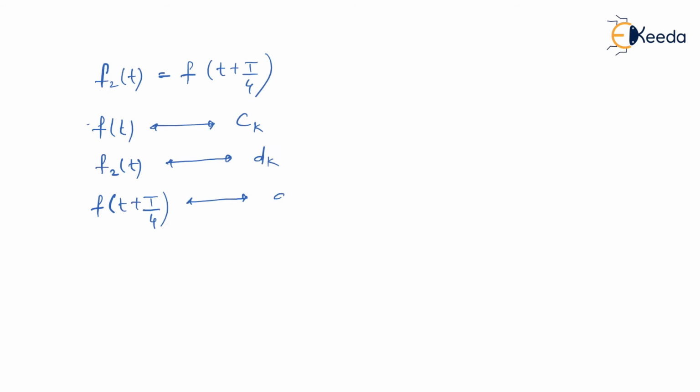In that case, the coefficient dk is equal to e to the power j k omega naught T by 4 times ck. So dk is equal to e to the power j k, omega naught can be substituted as 2 pi by T, times T by 4, dot ck. So here T gets cancelled.